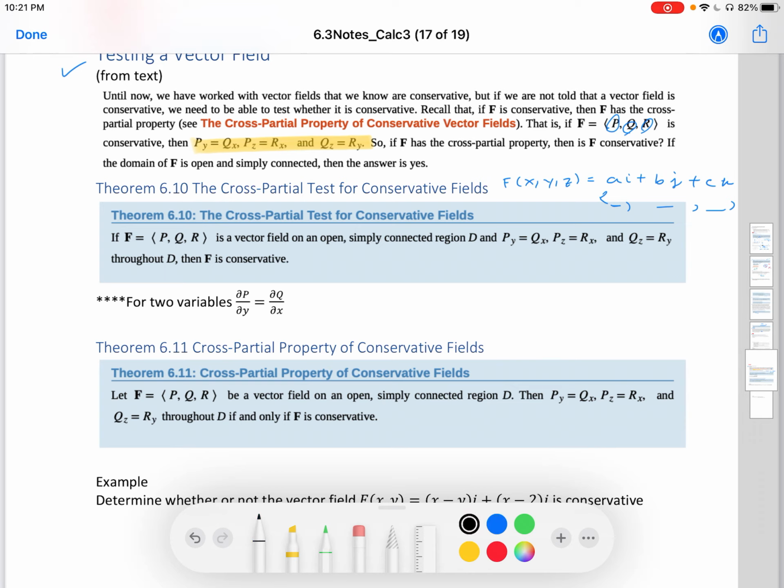So if they're labeling the first component to be P, the second component to be Q, and the third to be R, then when we see this, it's telling us that we're taking the first component and we're taking the derivative in terms of y.